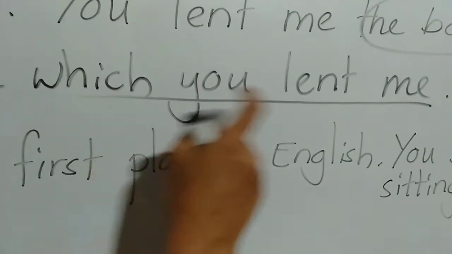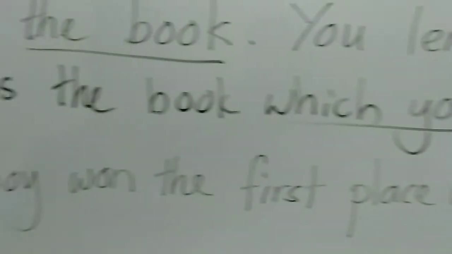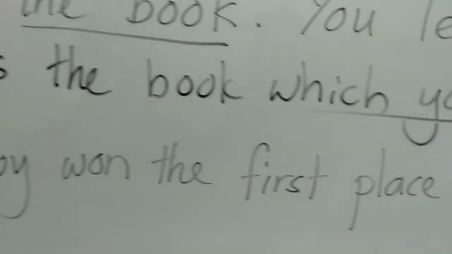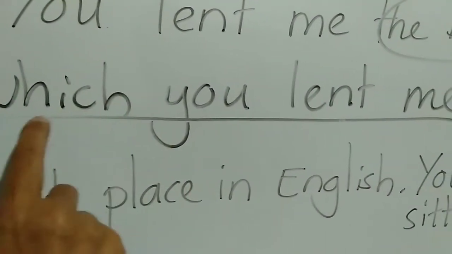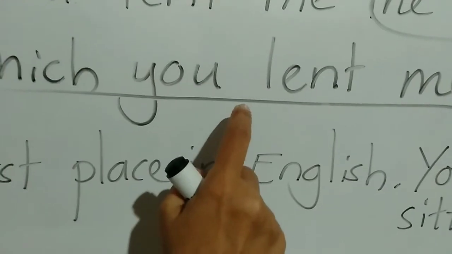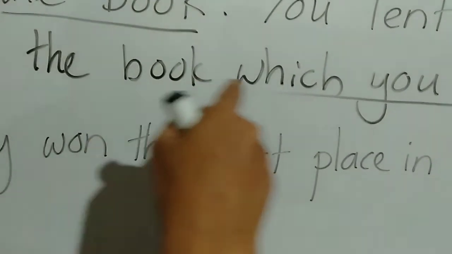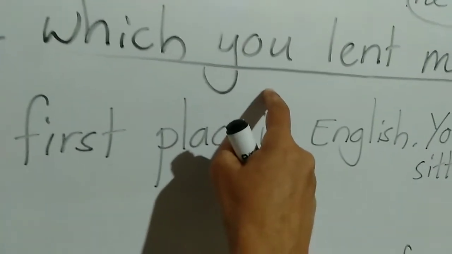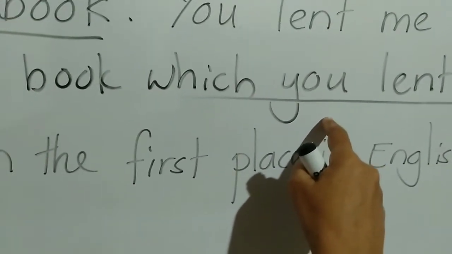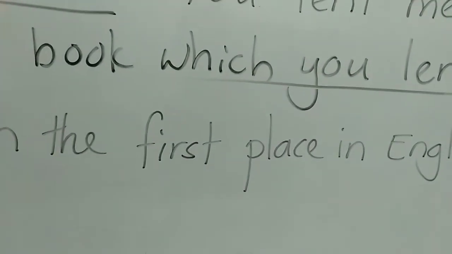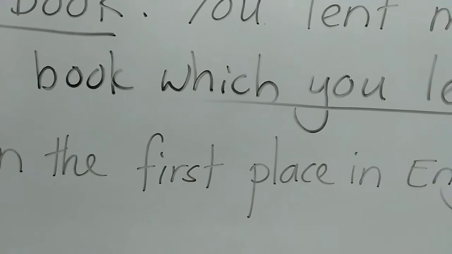The book which you lent me is very particular for this sentence. Then I told you whenever this relative clause is very essential for the sentence to be meaningful, we call it defining. That clause is called defining relative clause. Then there we don't use commas to separate relative clauses.